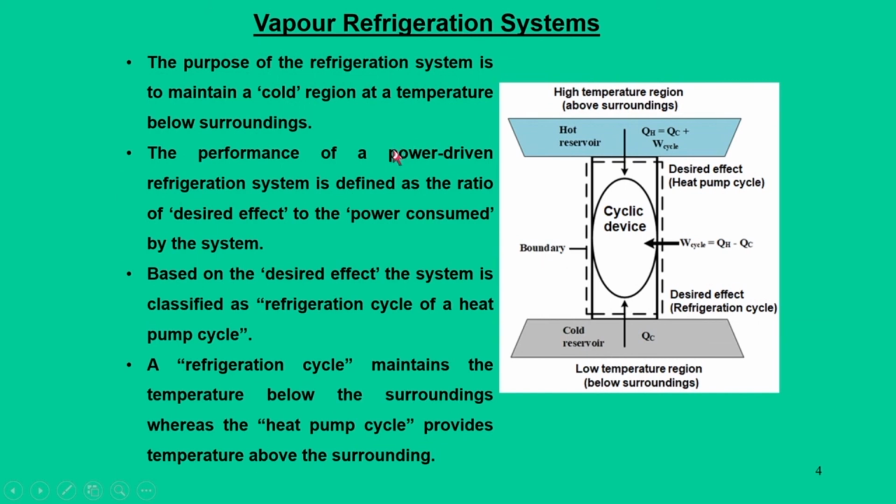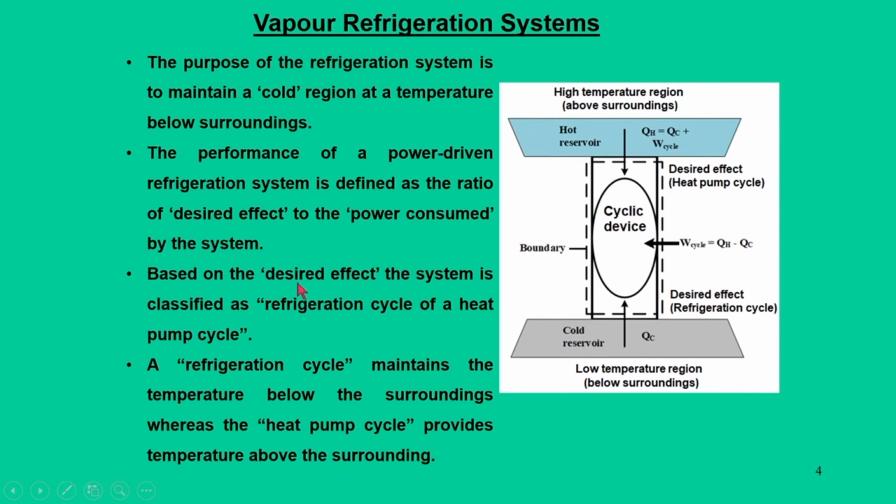At the cost of that, we get a desired effect, and in our case, this desired effect is some kind of coldness or cold region where the body has to be maintained. So, the performance of a power driven refrigeration system is defined as the ratio of the desired effect to the power consumed by the system.